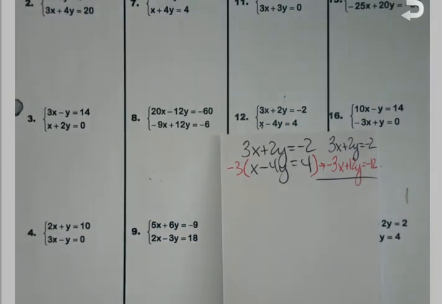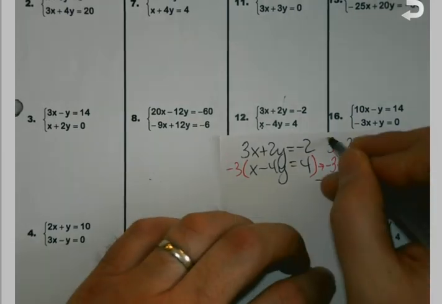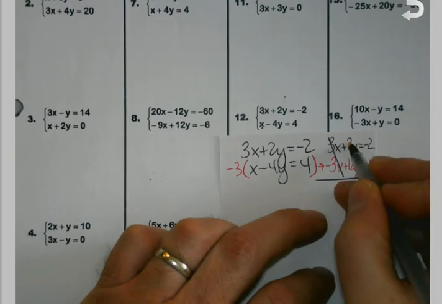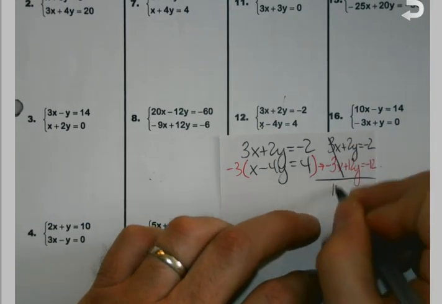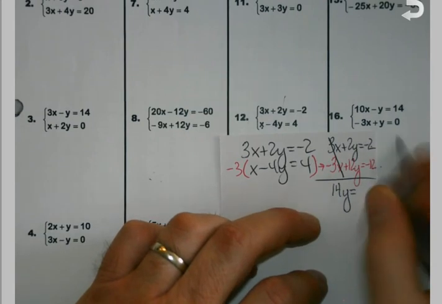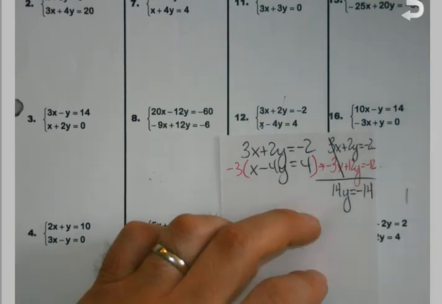So I get to this point and I go, okay, once I multiply through by the negative 3, and I'm real careful with my signs, I notice the x's are going to cancel out. 2 plus 12 is 14y. Negative 2 plus negative 12 is negative 14.